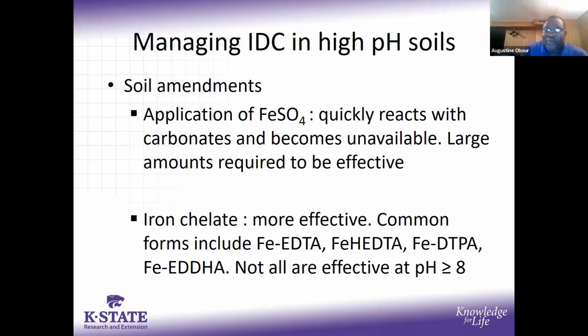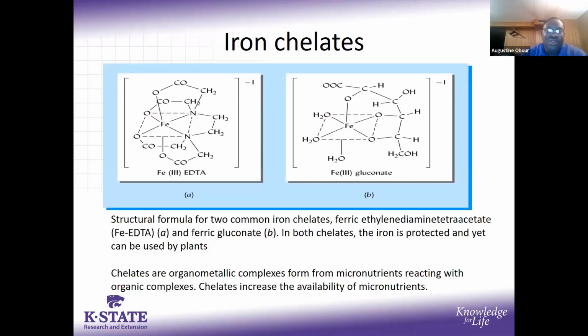So we have different forms of iron chelate. Not all of them are effective on high pH soil, especially the EDTA forms are not very stable compared to iron EDDHA forms of the chelate product. This figure is showing the molecular structure of iron EDTA and then iron gluconate.